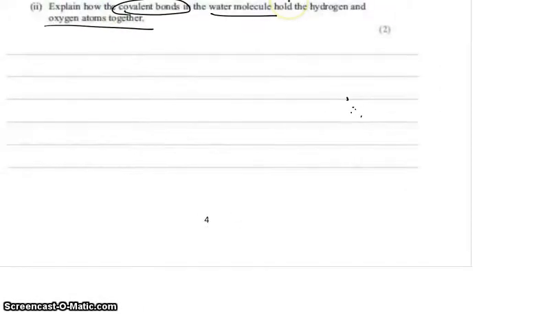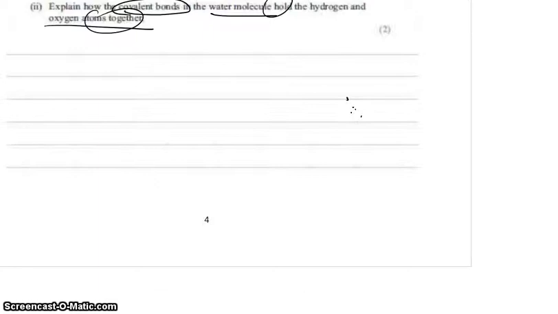Explain how the covalent bonds in the water molecule hold the hydrogen and oxygen atoms together. So this is just asking you to explain how a covalent bond holds atoms together. Okay, so it's just telling you to explain what a covalent bond is and how it holds things together. We always write the same thing for these kind of questions.